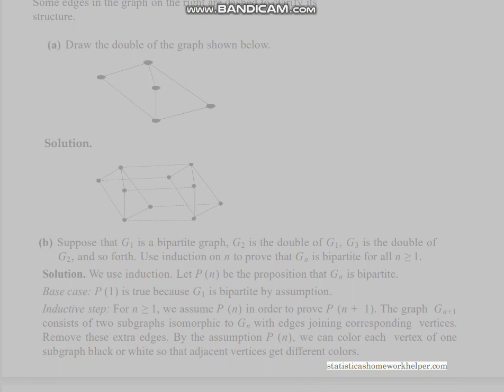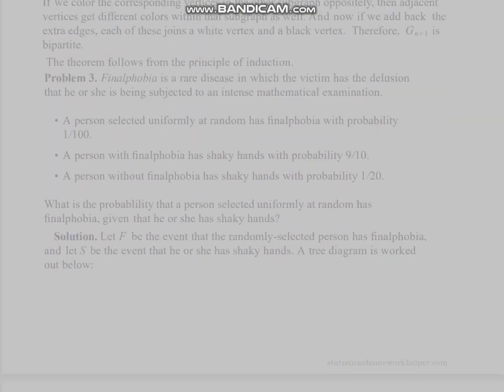If we color the corresponding vertices in the other subgraph oppositely, then adjacent vertices get different colors within that subgraph as well. And now if we add back the extra edges, each of these joins a white vertex and a black vertex. Therefore, G_{n+1} is bipartite. The theorem follows from the principle of induction.